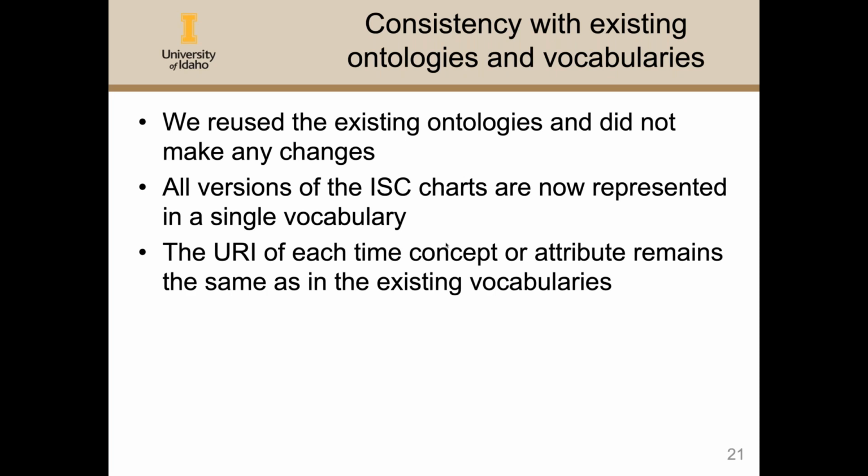And as a result, all the versions of the geological time chart, the International Chronostratigraphic Chart, can be represented in a single vocabulary. And the URI of each time concept and also the URI of each attribute remain the same as in the existing vocabularies.